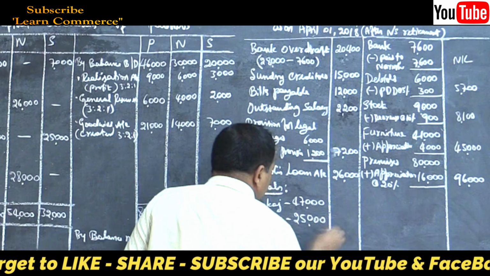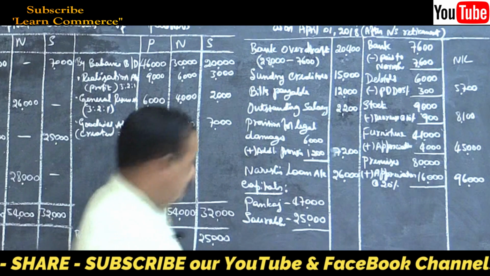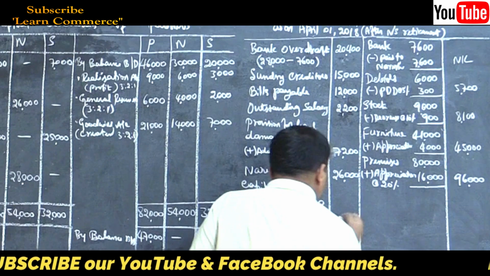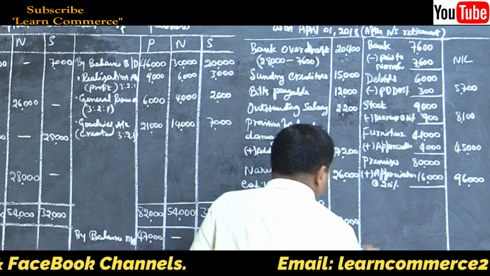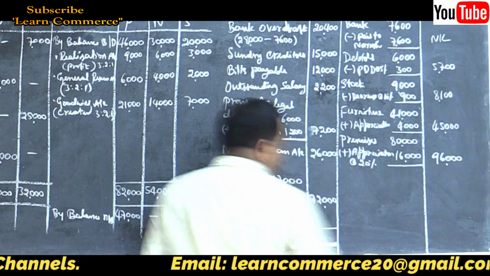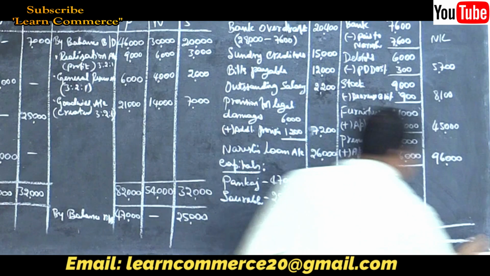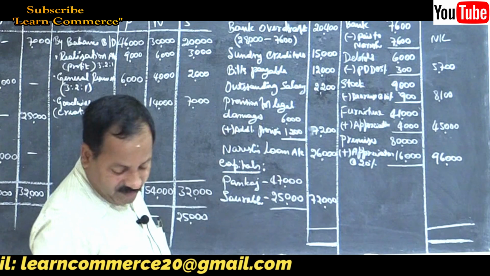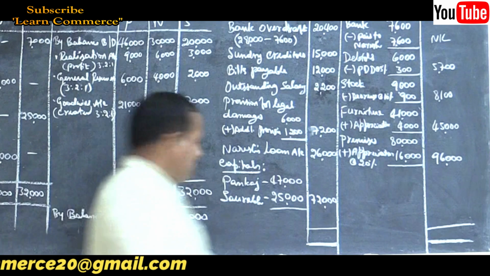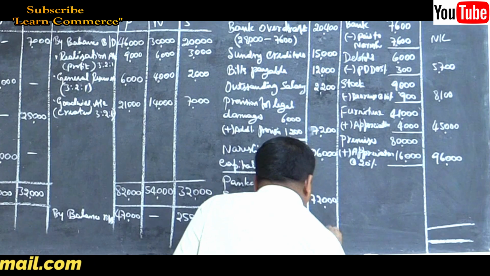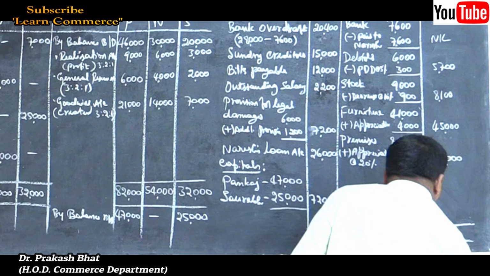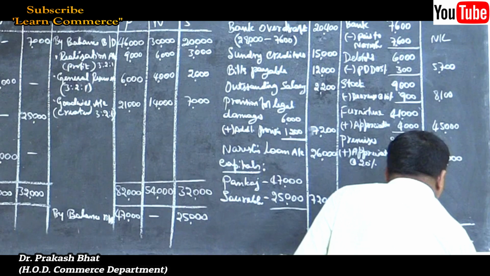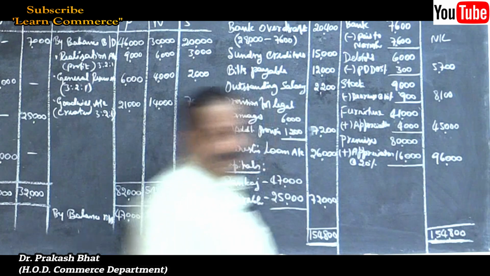Is it 72? Yes, it is 72,000. Write in outer column. Check the total. Your balance sheet must agree. Yes, balance sheet agrees. 1,54,800. Yes, this is what the balance sheet is.